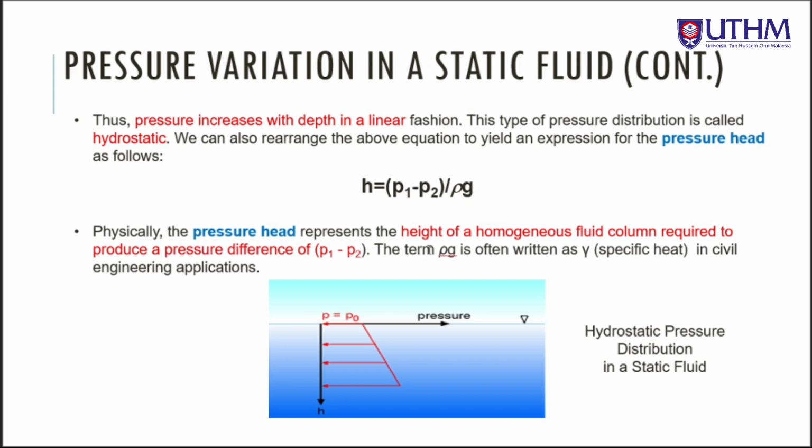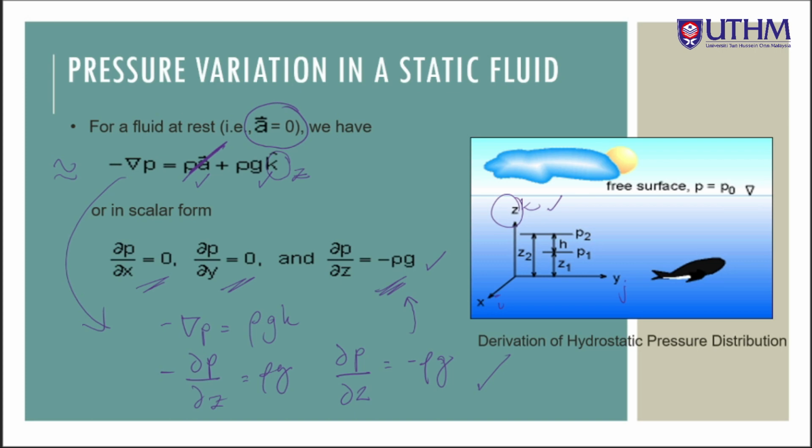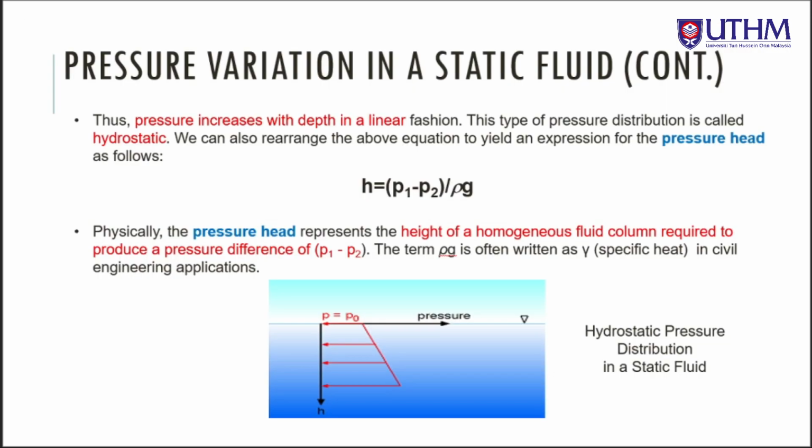So the term rho g is often written as specific weight, kan. That is why kadang-kadang daripada equation asal benda ni kan, negative change in pressure equals to PA tambah specific weight K sebab rho g ni sendiri adalah itu, which is the specific weight.